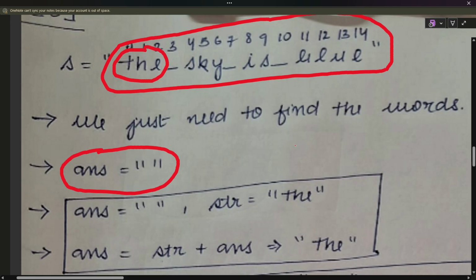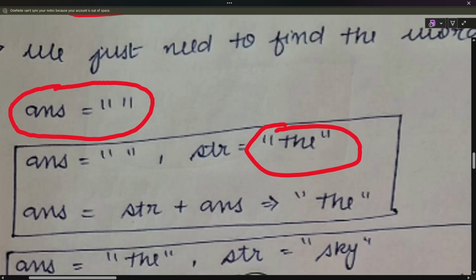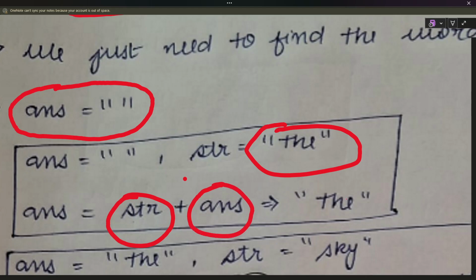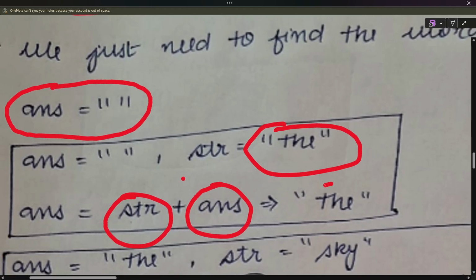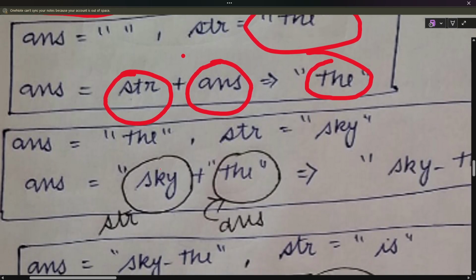We need to add it in such a way that our answer is in the reverse order. So first we add the string and then we append the answer to it. For the first word, this will be our answer, so we store it in answer.